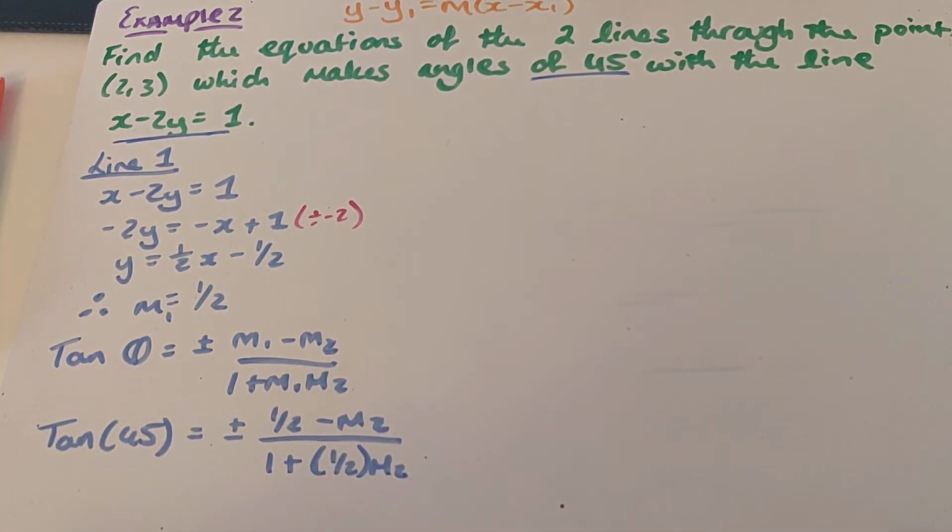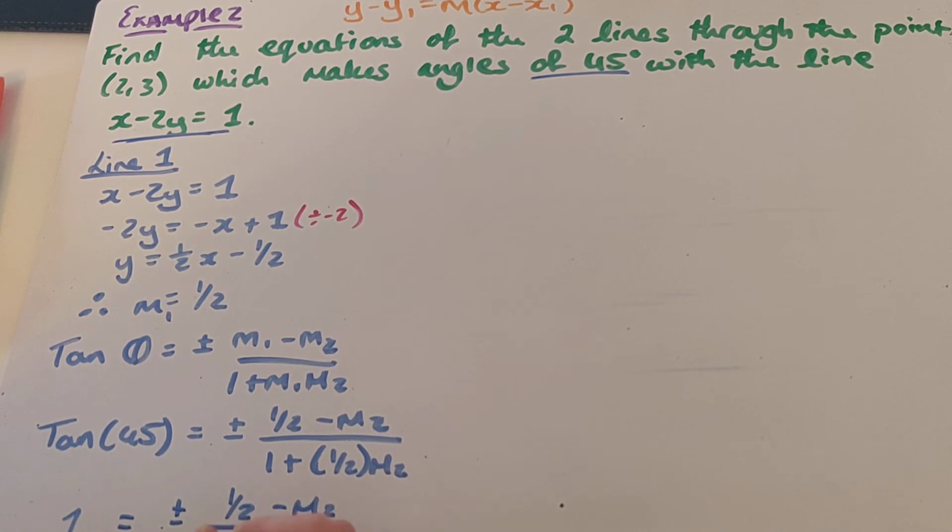So tan of 45 we've just said is 1, okay? So we just know that 1 is equal to plus or minus a half minus m2 all over 1 plus a half m2.